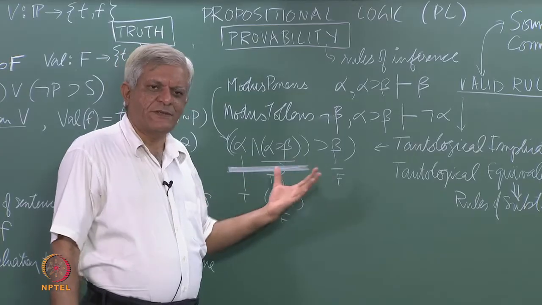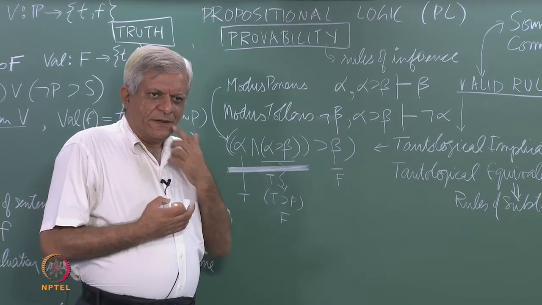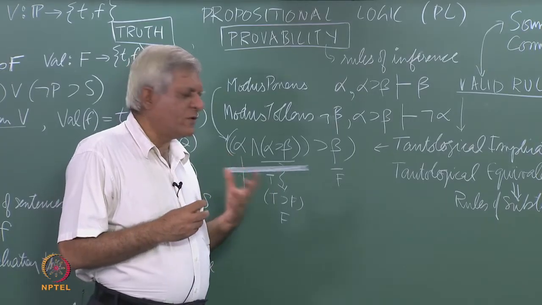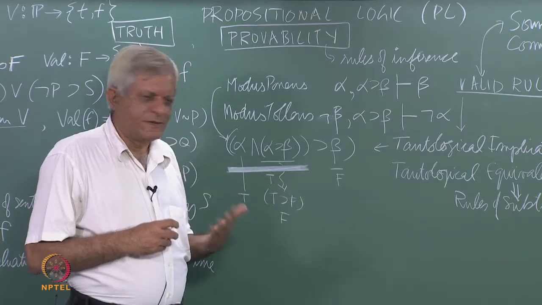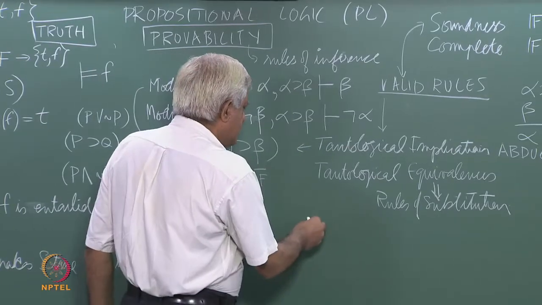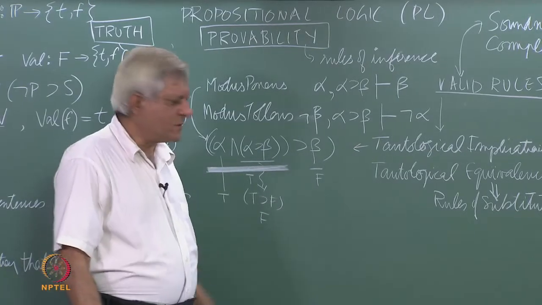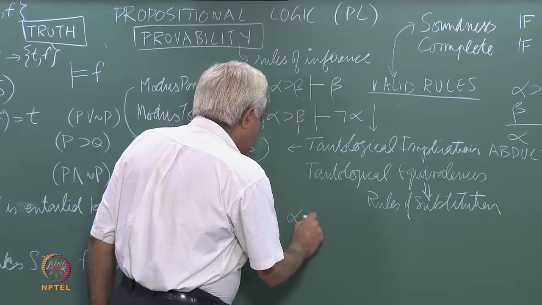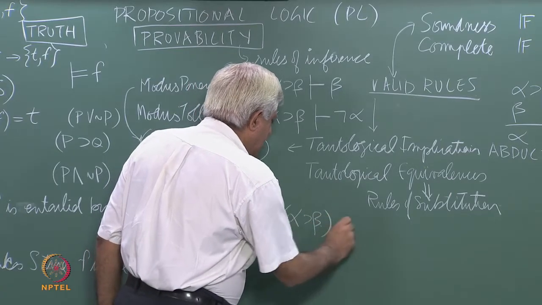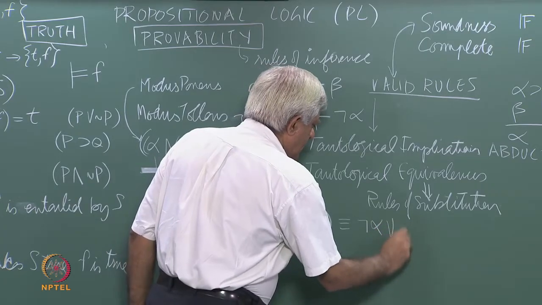In rules of substitution, you say that two formulas are logically equivalent, and therefore, you can substitute one for the other at any point of time. An example of a rule of substitution is, and you must be familiar with many rules like De Morgan's laws and so on, but one rule is, for example, alpha implies beta is equivalent to not alpha or beta.